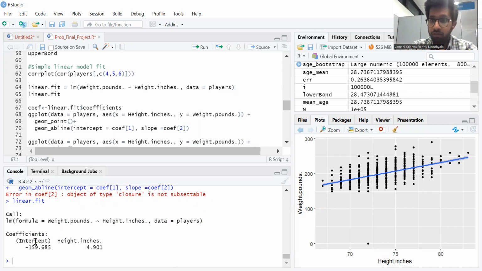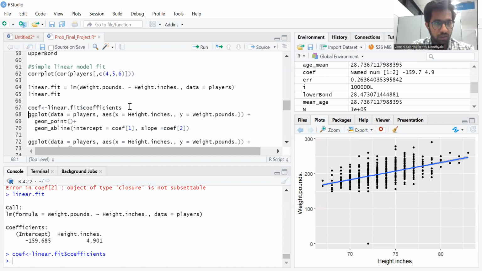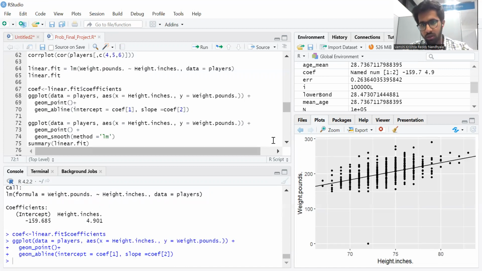And for every 1 unit change in x-axis, that means for every 1 unit change in height, there will be 4.901 units change in weight. That's what we can interpret from this linear fit. Let me run this and run this. So now you can see here the plot of linear fit.